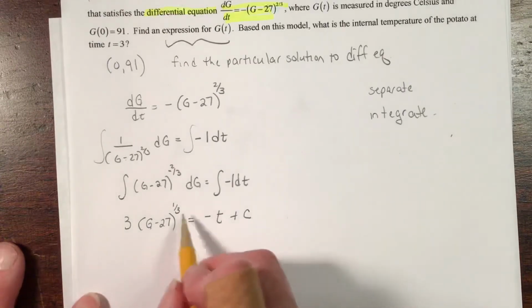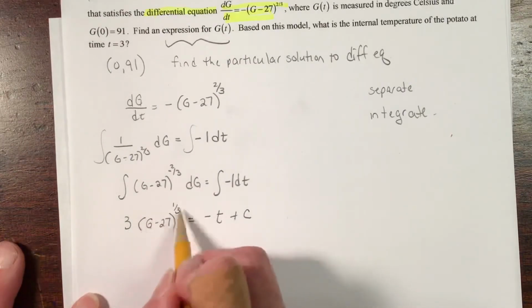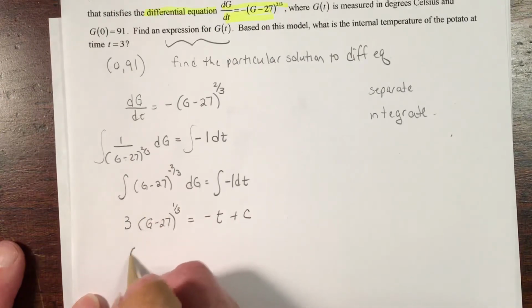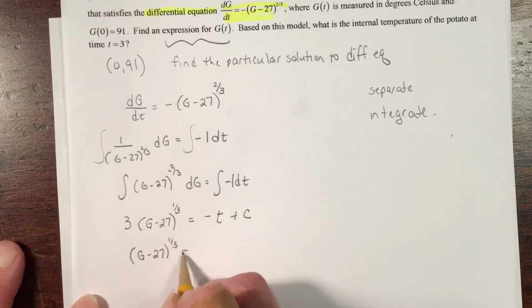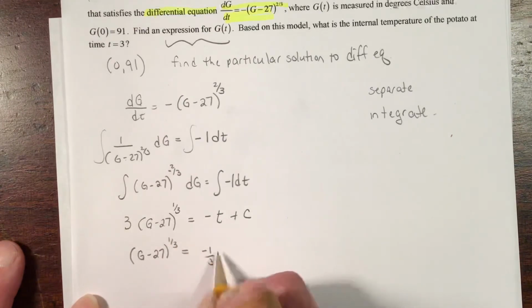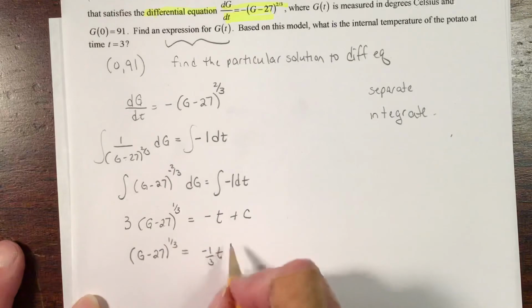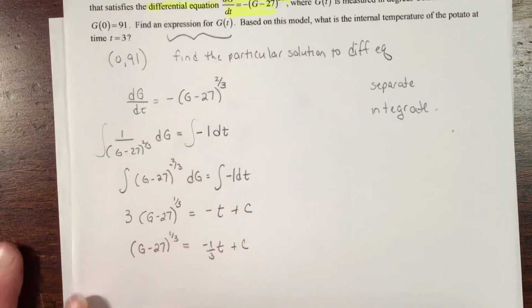Now moving on, we're going to solve. We want to get this as g equals. So we're going to isolate this. (g minus 27) raised to the 1/3 power equals negative 1/3 t. Remember, even though I'm dividing, I'm just going to leave my c alone till the very end.